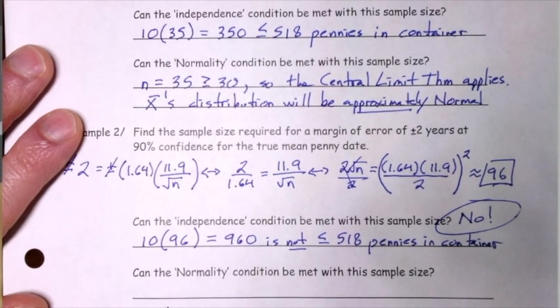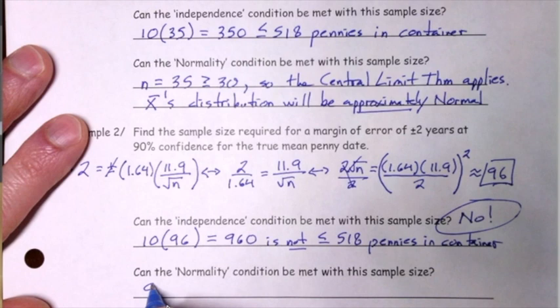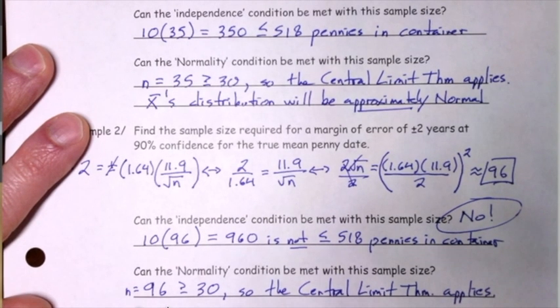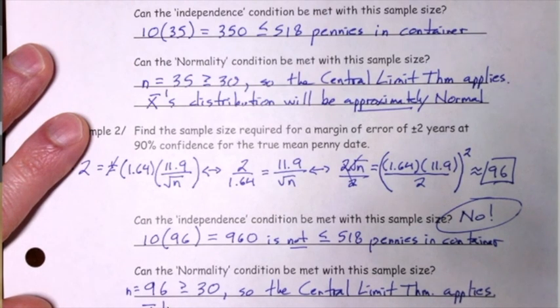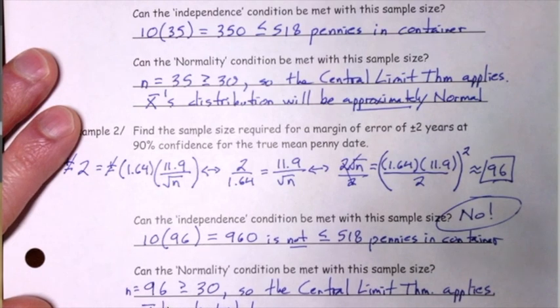Now, would the normality condition be met with this sample size? Well, sure, the shape of the sampling distribution will be approximately normal. Again, this sample size is a relatively large sample, so the central limit theorem would apply. What this means is the shape of the sampling distribution, so if I take lots of random samples of this size, the distribution of the sample mean, its shape will be approximately normal.